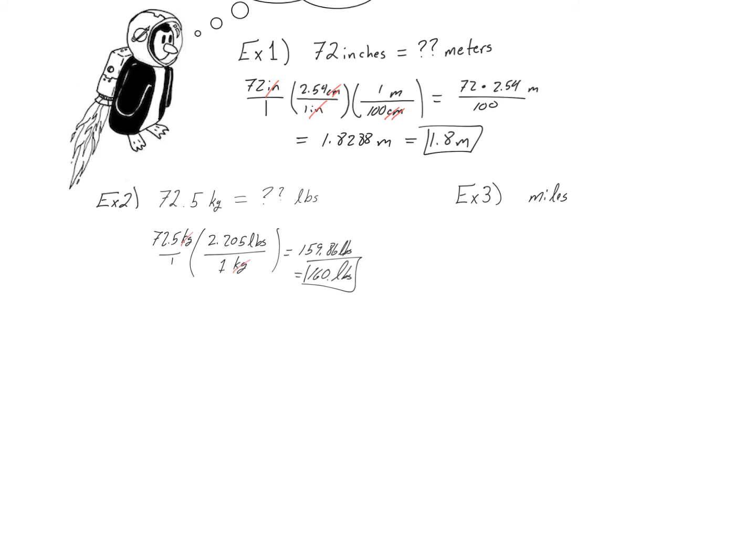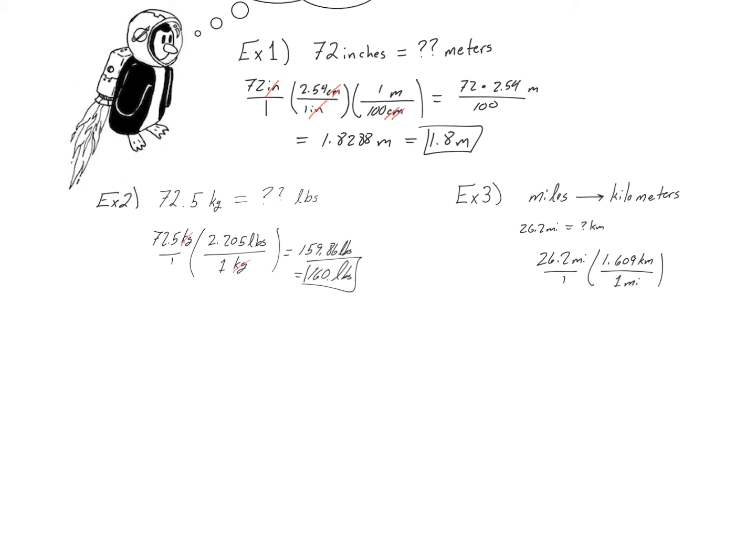Another common conversion is going from miles to kilometers. Say we want to know how far 26.2 miles is in kilometers. I start off writing what I know, 26.2 miles over 1. And here's a useful conversion factor to memorize. 1.609 kilometers is equal to 1 mile.